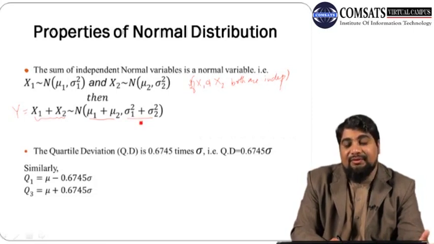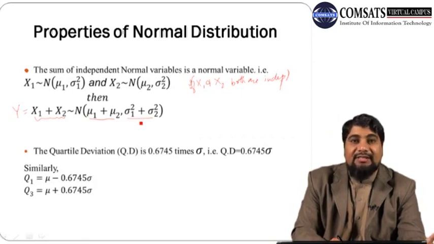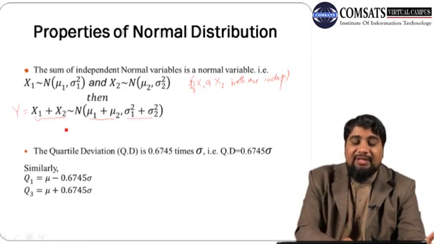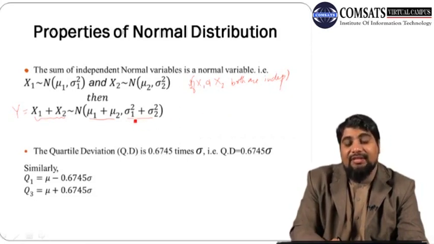But in case of independent random variables, the variance of the sum is the sum of the variances. So here the variance of y is the variance of x1 plus the variance of x2, that is sigma 1 square plus sigma 2 square.